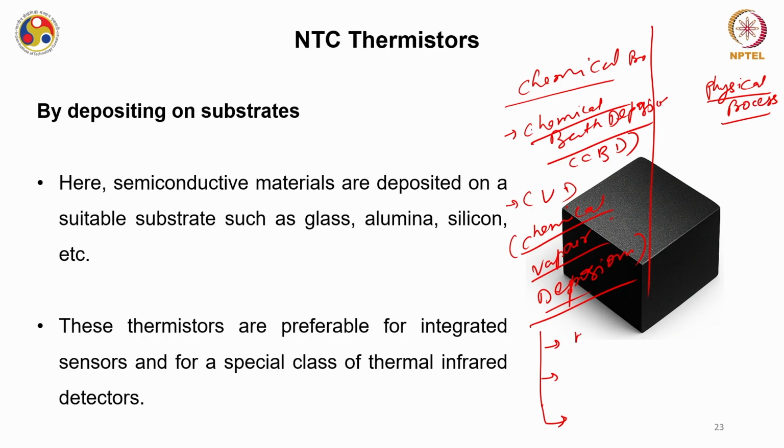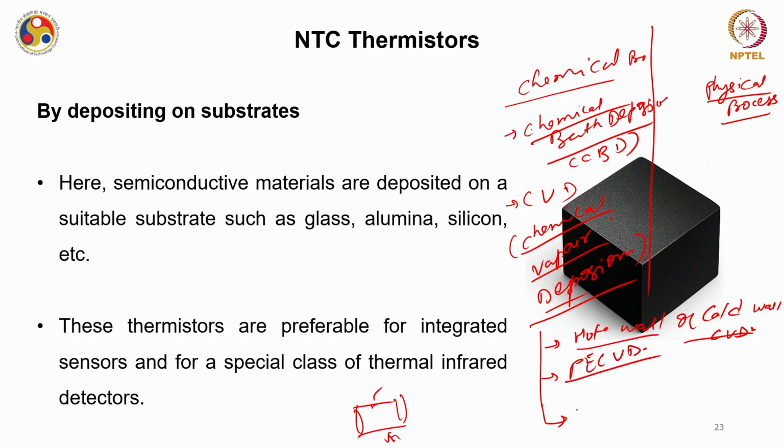You can have hot wall or cold wall CVDs, depending on how the walls of the CVD chambers are heated. You can have PECVD, plasma enhanced CVD. Then based on precursor, you can have say MOCVD, that is metal organic CVD. Then there are different CVDs based on pressure.